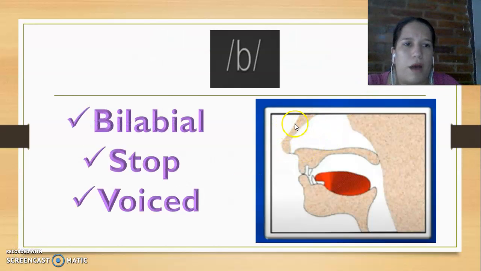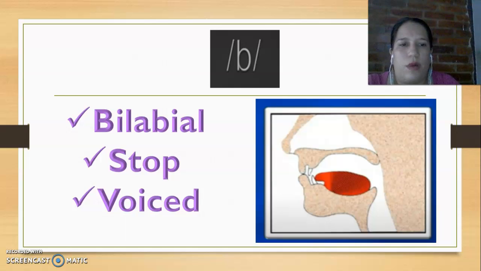The sound b. It is a bilabial sound, that is to say that the lips touch momentarily and close the air passage, blocking the air. The sound is stopped because the air is blocked and comes out in a forced way.